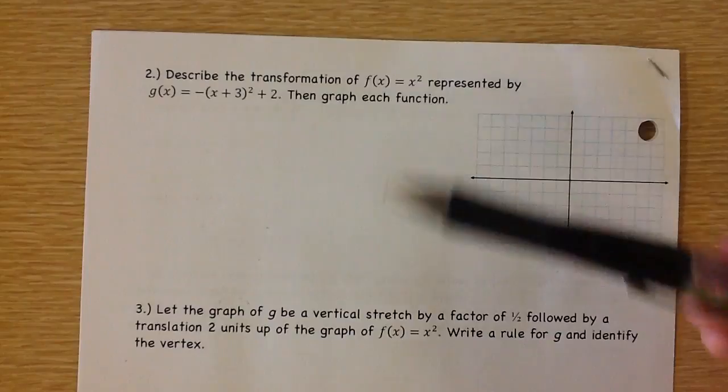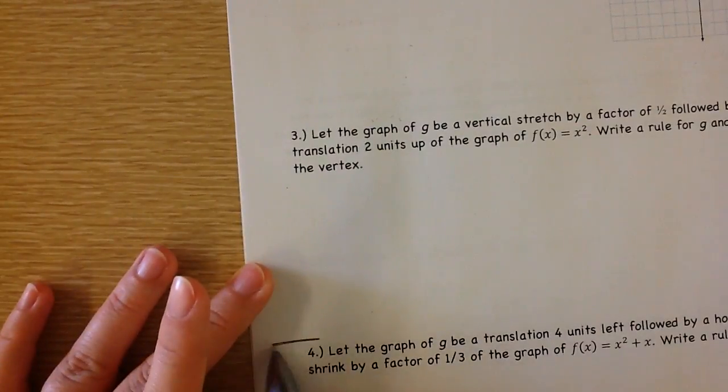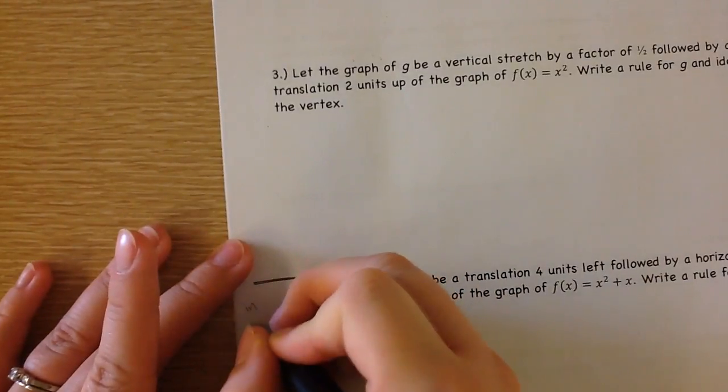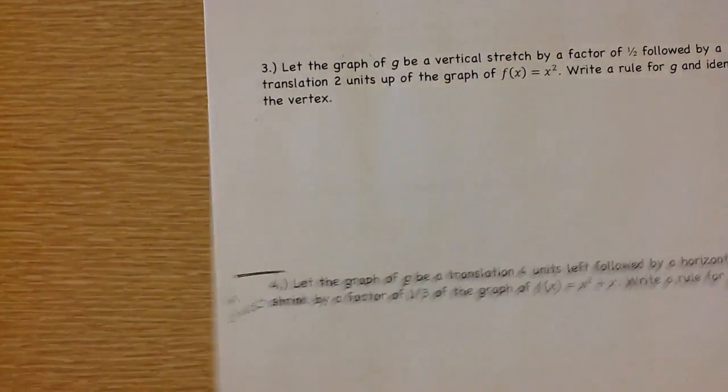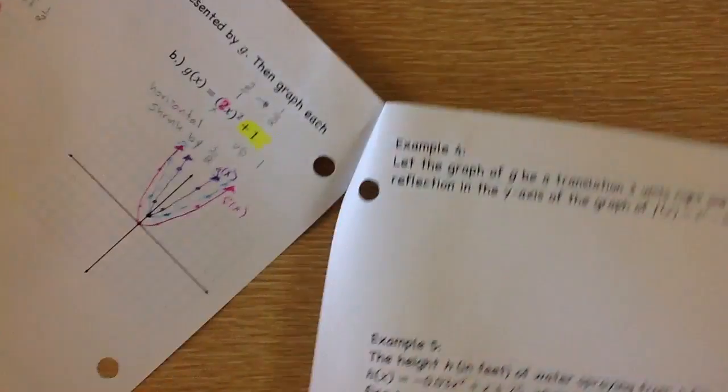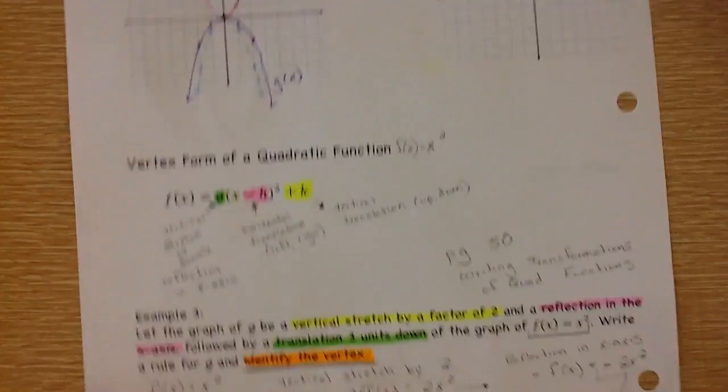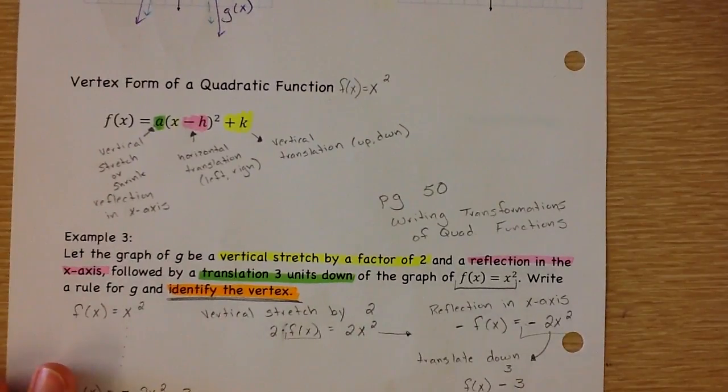So do your turn 1, 2, and 3. We're going to save your turn 4 for in class. So come to class with those 3 problems attempted. Your turn problems 1, 2, and 3. And try to find the vertex for example 3, and that's where we'll start in class tomorrow. Okay. Good luck.